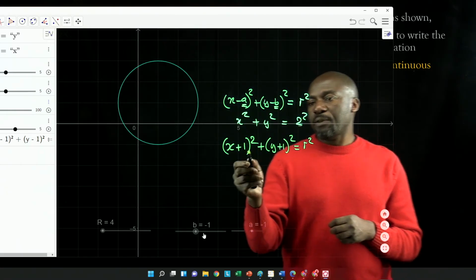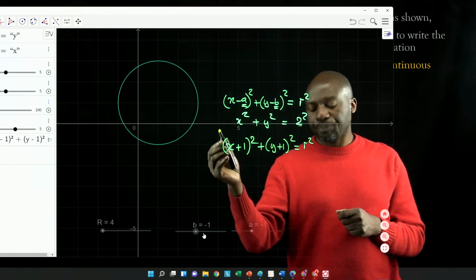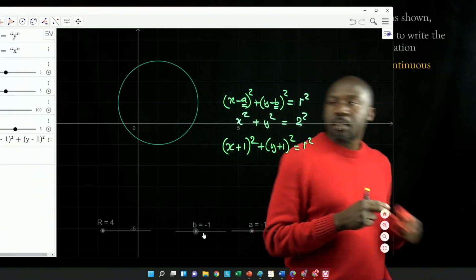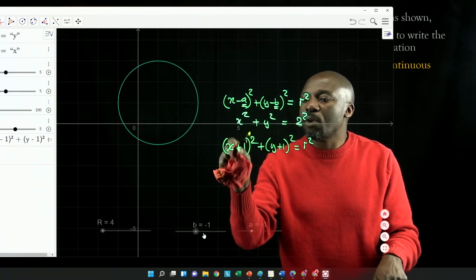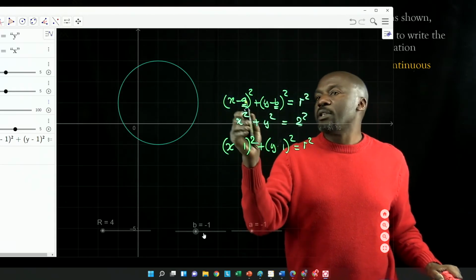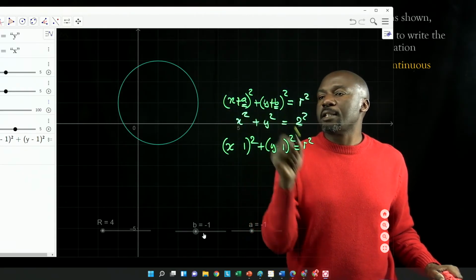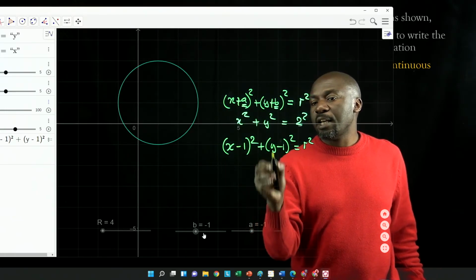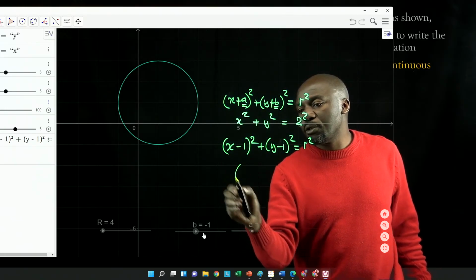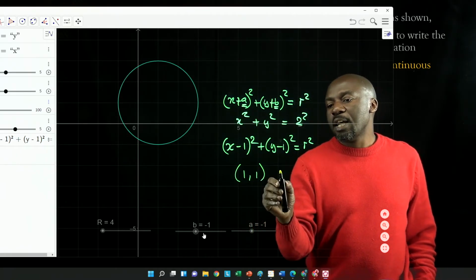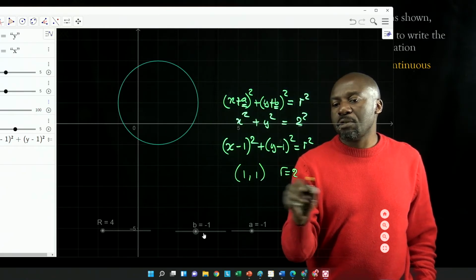Actually, what I did here is wrong. These should be minus, so it should be (x minus 1) squared plus (y minus 1) squared. And so when we have minus like that, it means the coordinates have moved to (1, 1). That's the coordinate of the center, and the radius is 2.